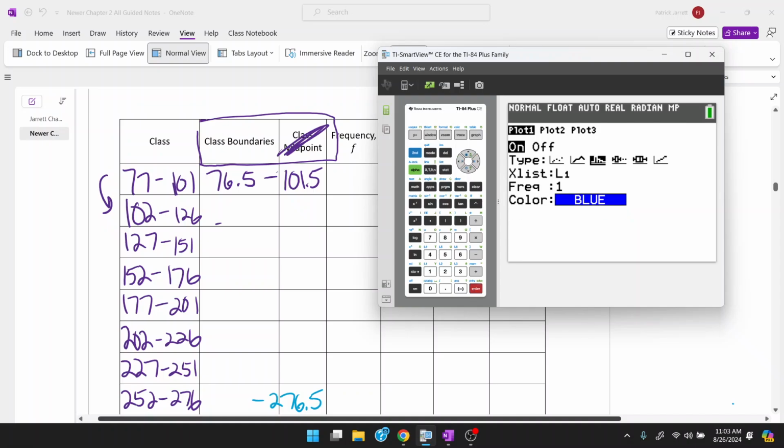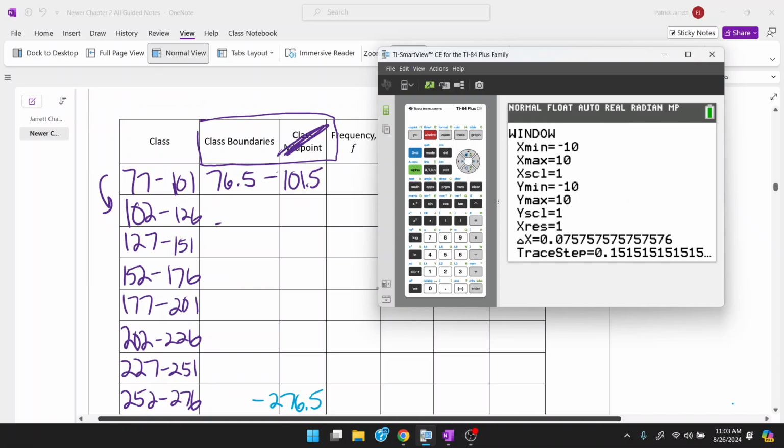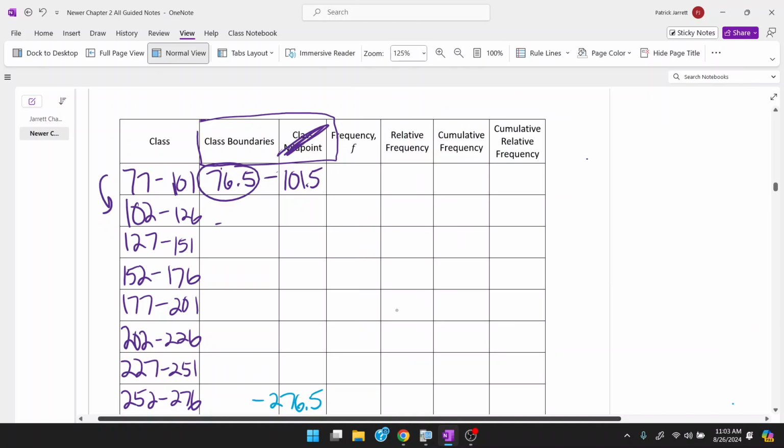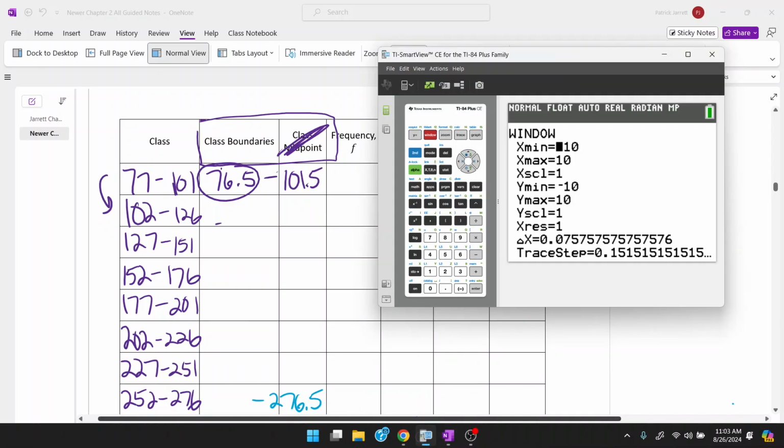Now, I have the data in list 1. I had it in list 2 on my other emulator, but I just got this one. So we're going to use list number 1. Now, we go to the window value, and since the smallest class boundary was 76.5, that's going to be the X-min.